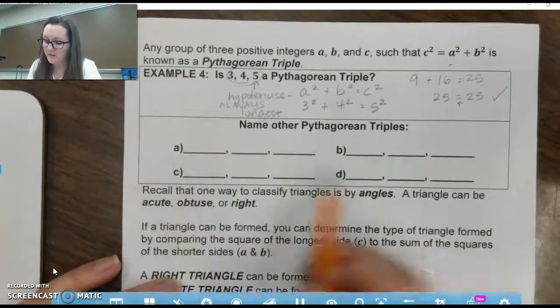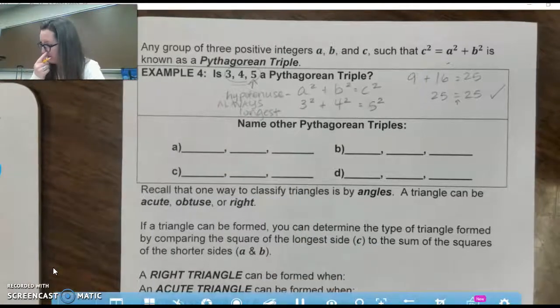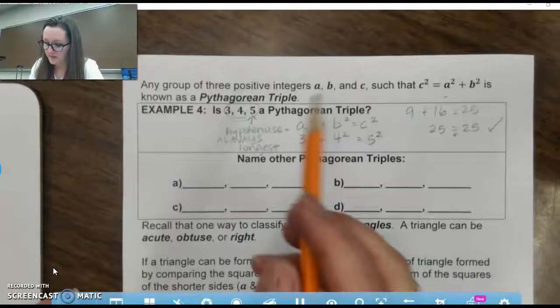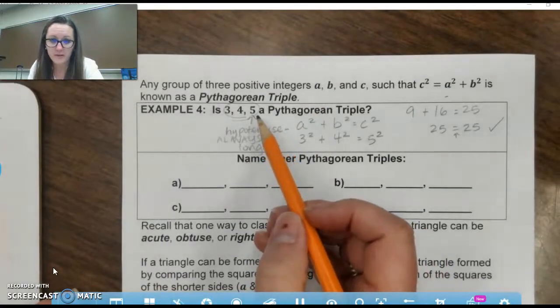So I'm going to let you fill in those other spots because that's part of your discussion on your notes discussion page. But I'll give you this hint. Any multiple of these Pythagorean triples are also Pythagorean triples.